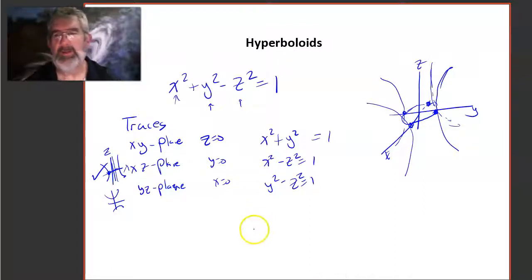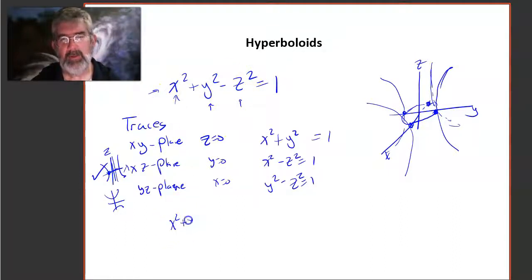One of the things I like to do, I think I've got an idea of what's going on, but I like to look at some other slices. In particular, I think slices with different values of z would be good, because if I take this equation here and move the z over to the other side, x squared plus y squared equals 1 plus z squared.